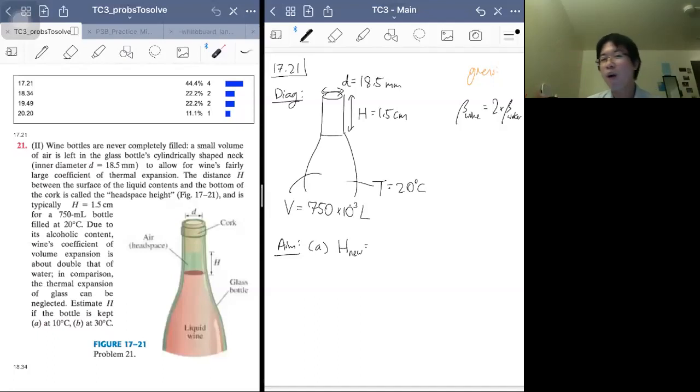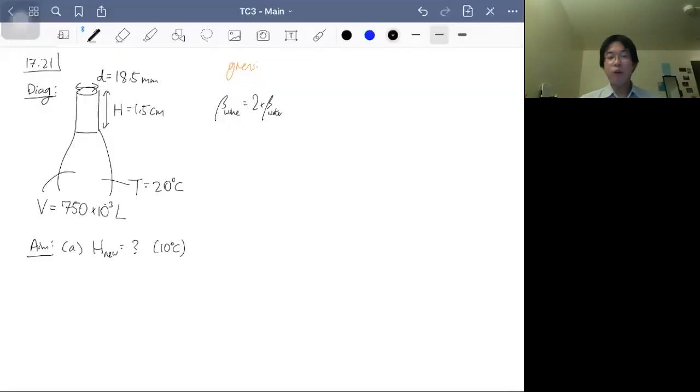You can put H1, H2, H initial, H final, H naught, H whatever, anything that makes sense is good enough. Right, so we want to find this, maybe I'll copy down as well, the height at 10 degrees. With a bit of practice, or without my talking in real life, this whole procedure that you see in front of you should take maybe 20 to 30 seconds at most.